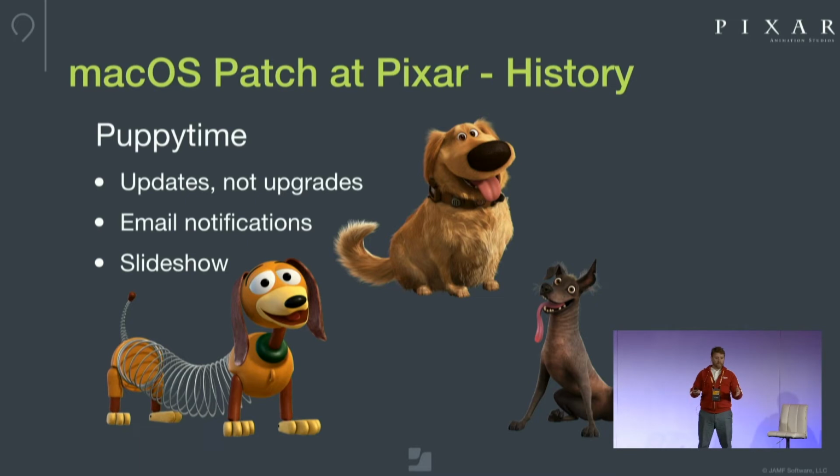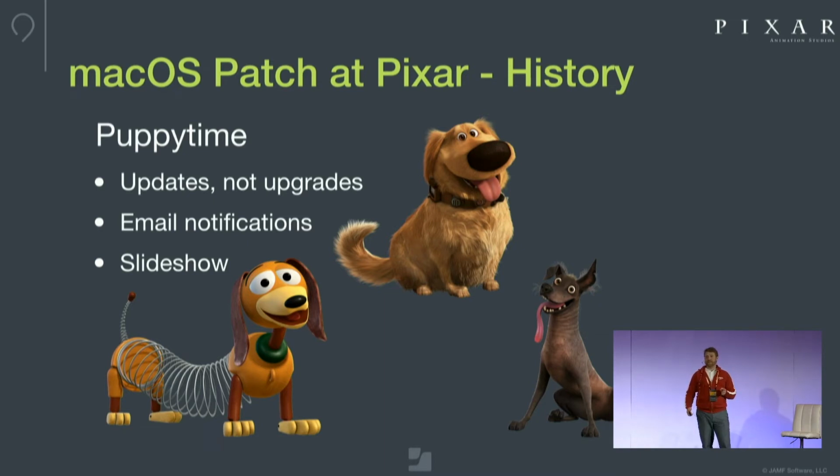When they did, they saw they had puppy time, and they had a slideshow of cute puppies that would rotate as they watched, while in the background the installer ran. And it was pretty popular. There were even employees who submitted their puppies for the slideshow. Yeah, so that was great.